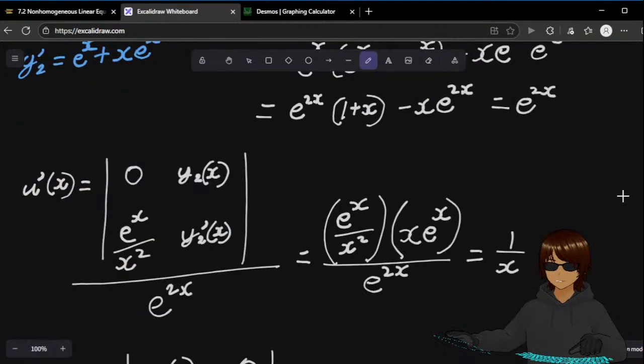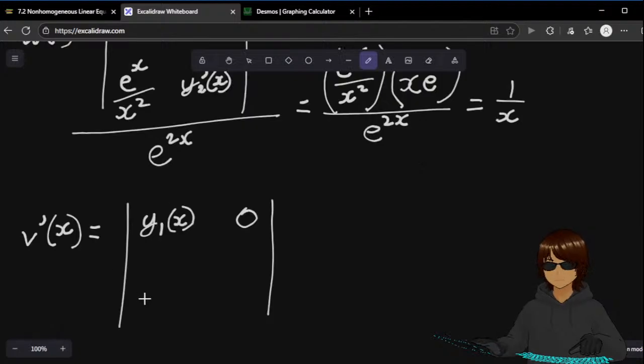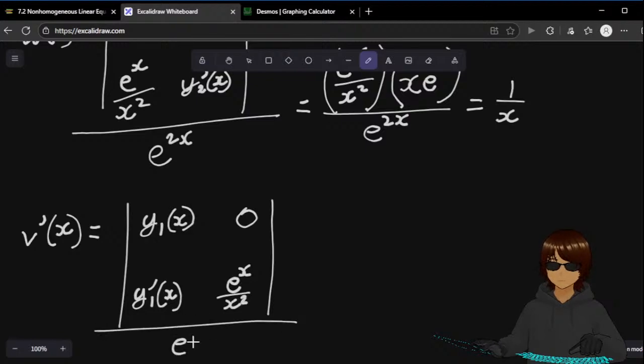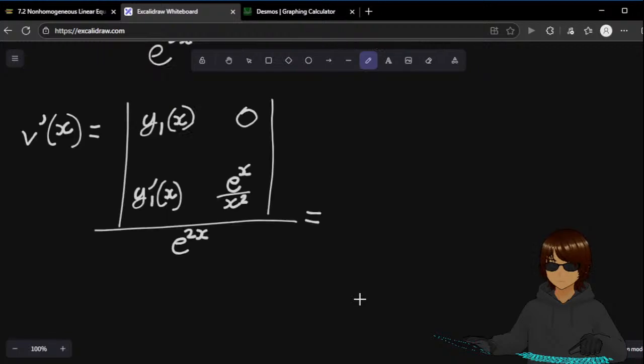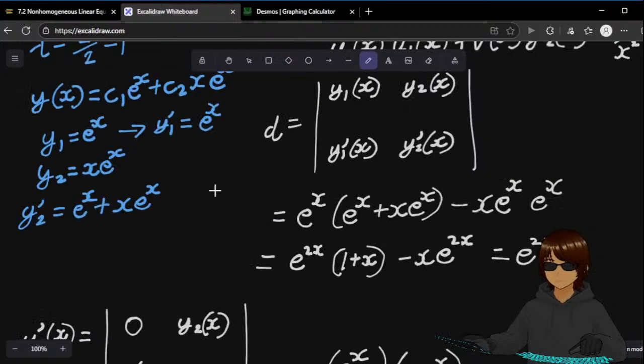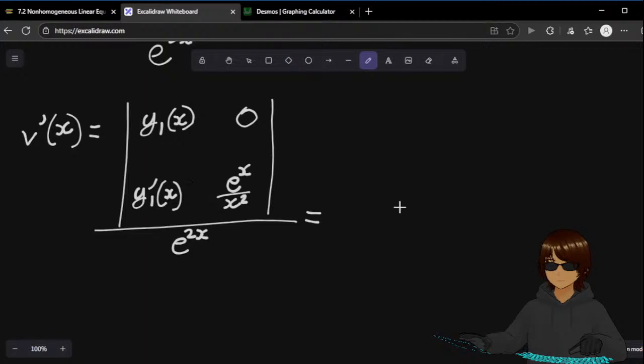Derivative of y1 and then this. x squared.